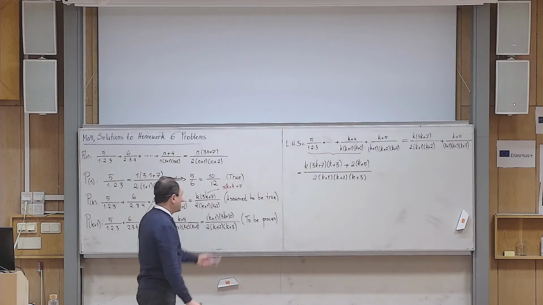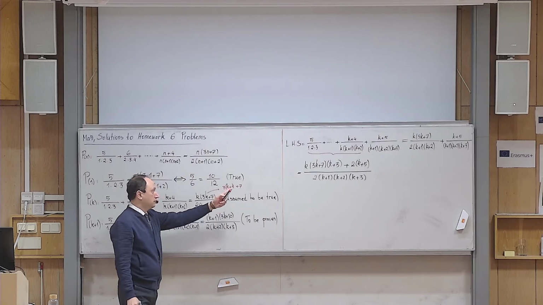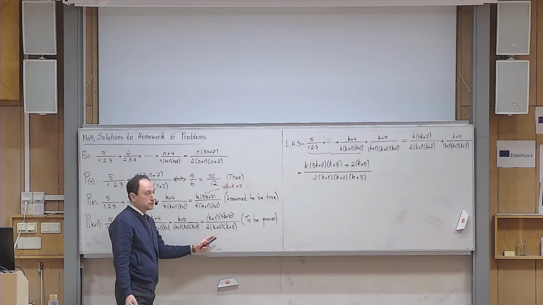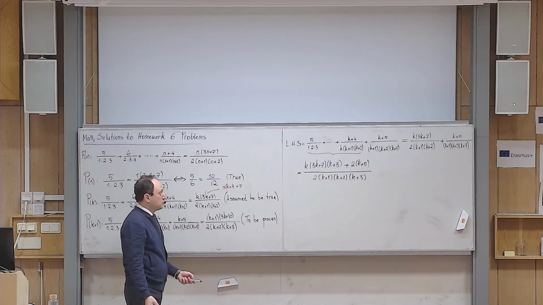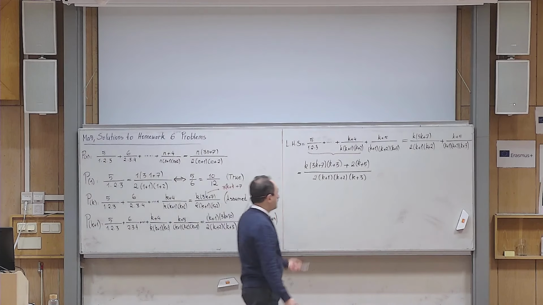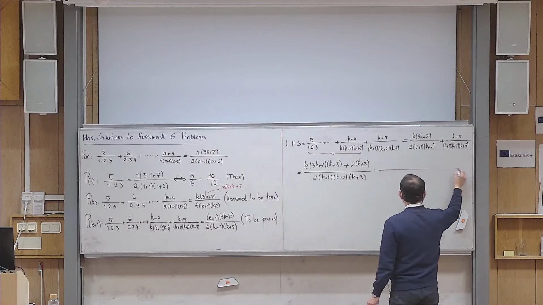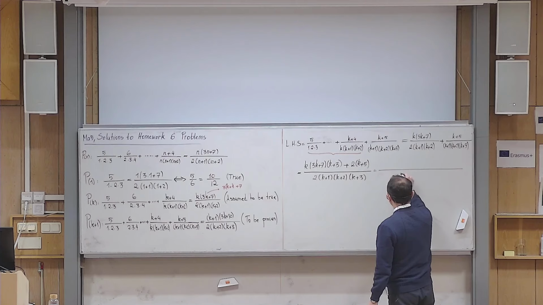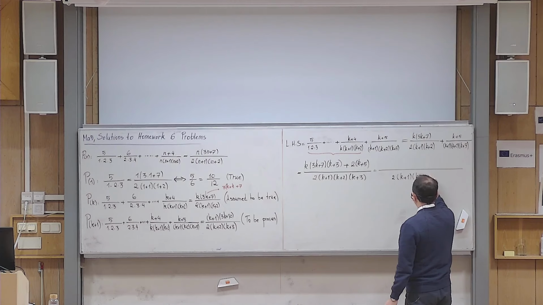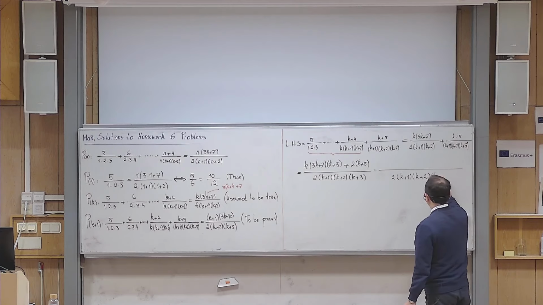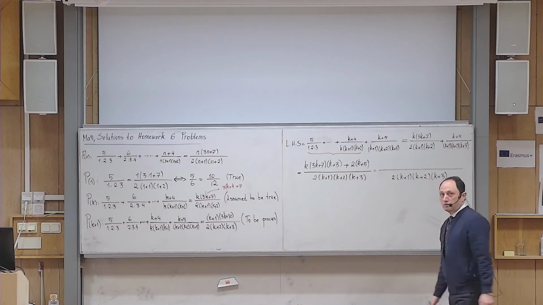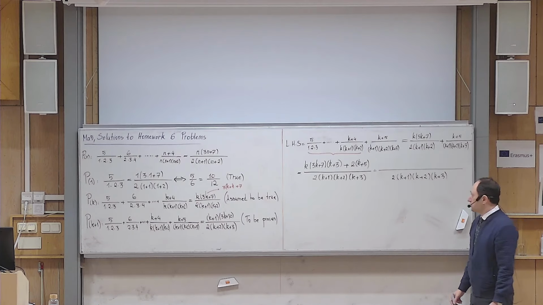Okay, but still, we have to do something to go from there to here. It's not exactly this one yet. One thing that comes to mind is to expand. Not the denominator, because the denominator is already in factorized form, and you know that to simplify rational expressions, we need to put them in factorized form. The denominator is already factorized, so I really don't need to change anything there.